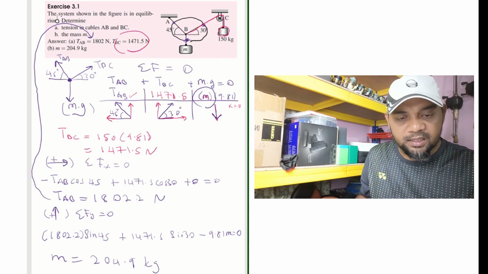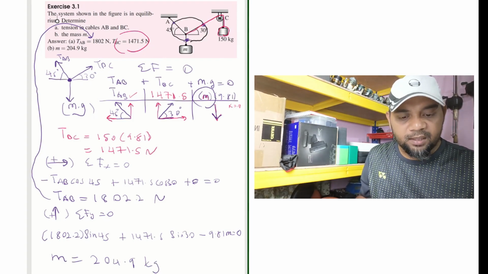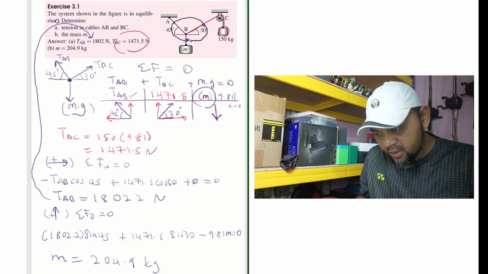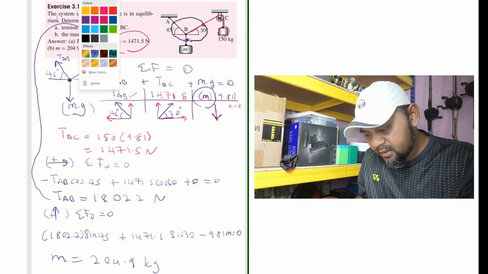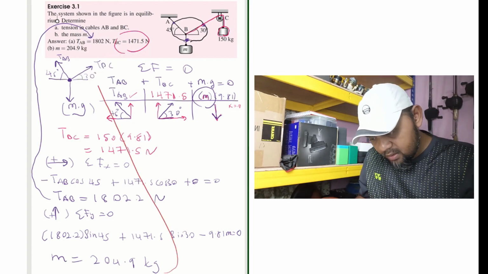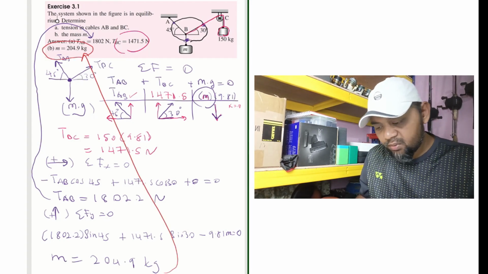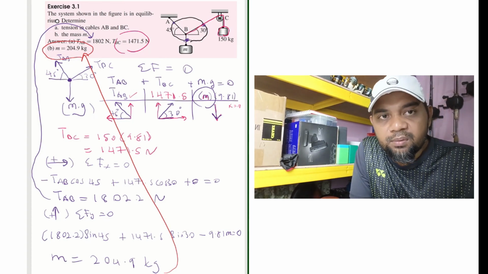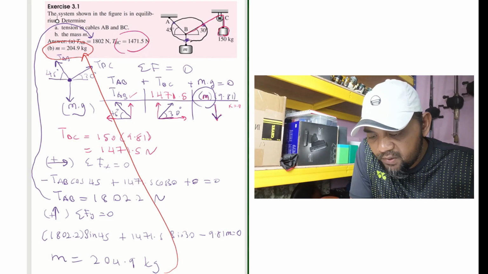Of course the unit is kg because we have divided by the 9.81, the acceleration. So same here, you got the answer as given here in this part. The m equal to 204.9 kg. So that's how you solve this equation.